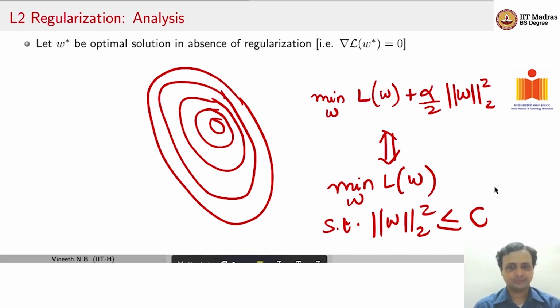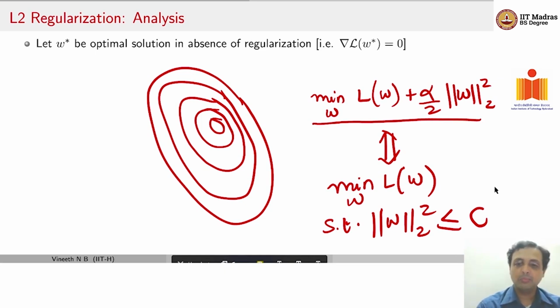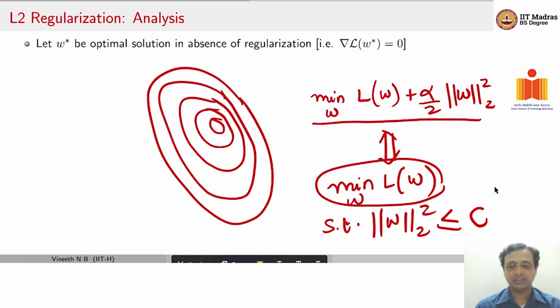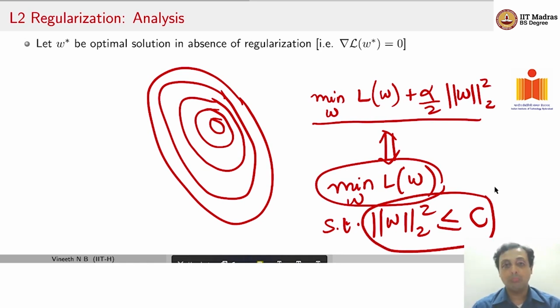Why are we saying this? What this means now is that the minimum of this new objective function is equivalent to the minimum of the original objective function subject to the 2 norm being less than some value. If you recall, this is nothing but a norm ball of the weights, and it's not a unit norm ball now, it's a C norm ball.